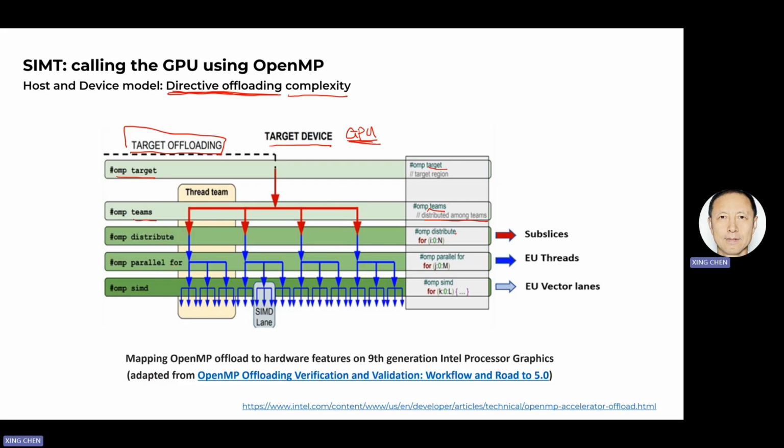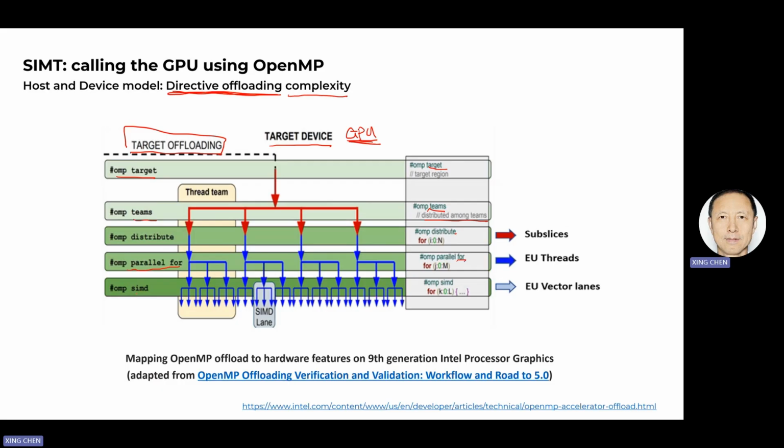And afterwards, if you have a for loop, you need to tell the runtime system how you want to do the parallel for for the for loop in your program.